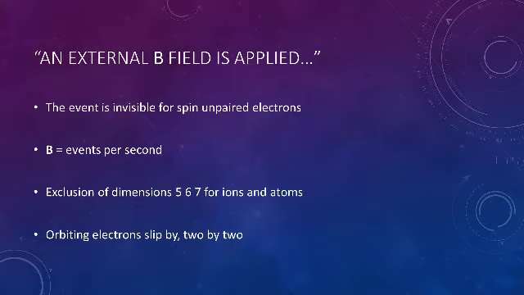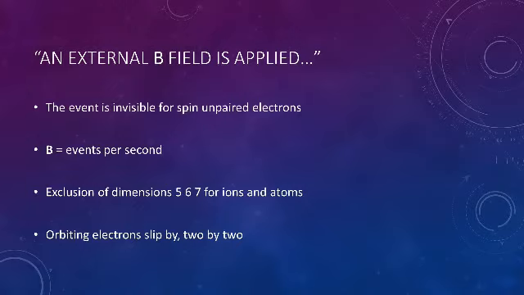So spin unpaired, I'm making a distinction between pairing electrons and protons with a different thing, which is spin unpaired. So the spin of one electron is different than the spin of another electron. And it's an event of the magnetic flux density sweeping and combing through lots of lines in atoms.